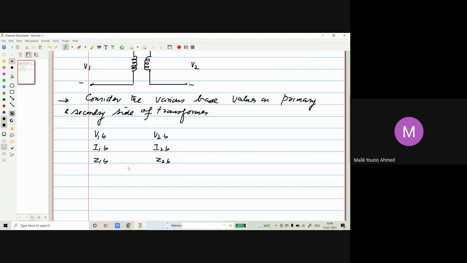So what is magnetic coupling? Magnetic coupling is a discontinuity of the circuit from primary to secondary.